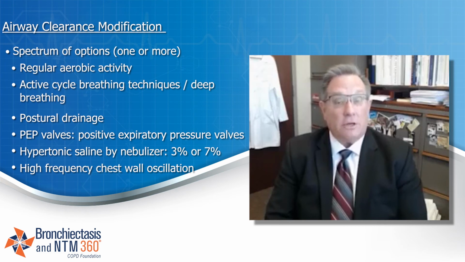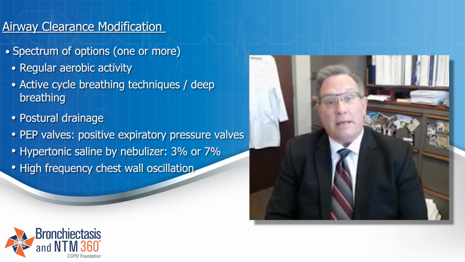That involves options of not only regular aerobic activity, but active cycle breathing techniques, deep breathing, postural drainage, use of a positive expiratory pressure valve such as an Acapella valve, a flutter valve, a Lung Flute, or others. Nebulized hypertonic saline, either in 3% or 7% concentration, and use of a chest wall high frequency oscillation vest.